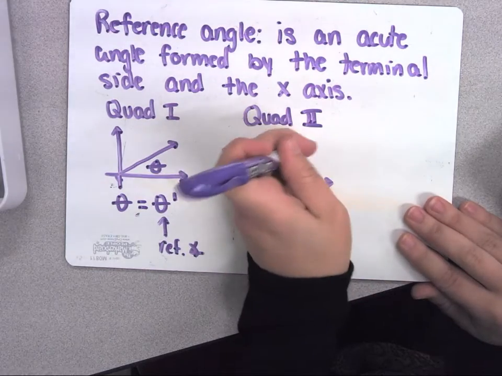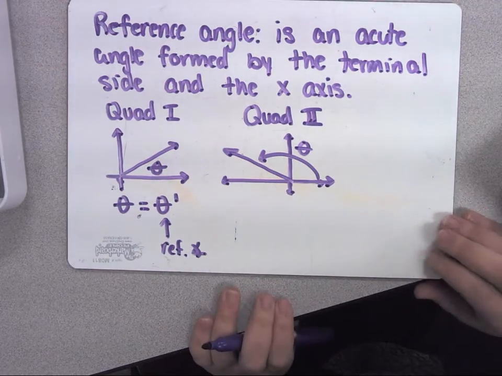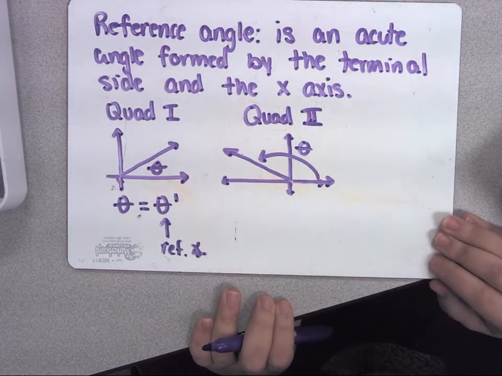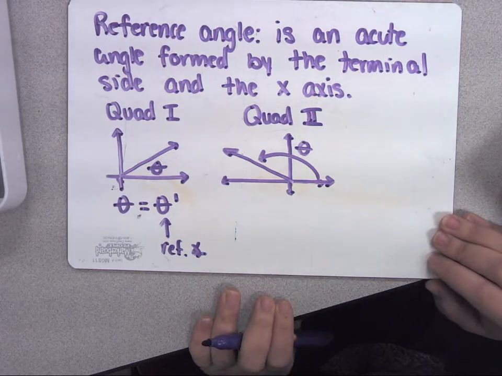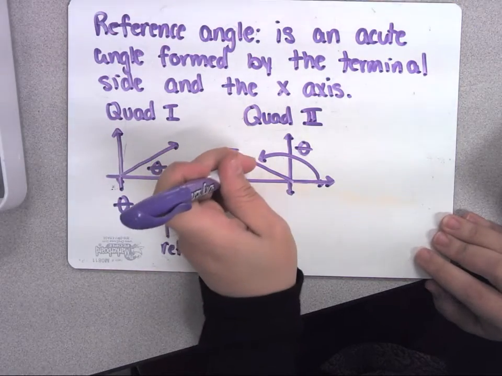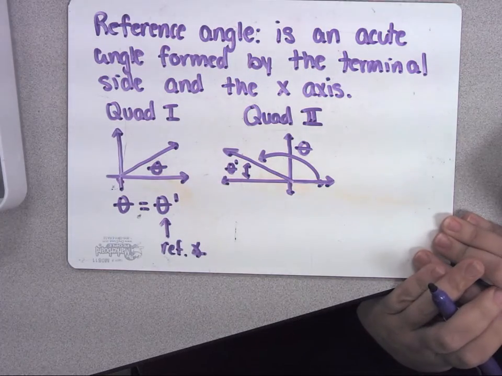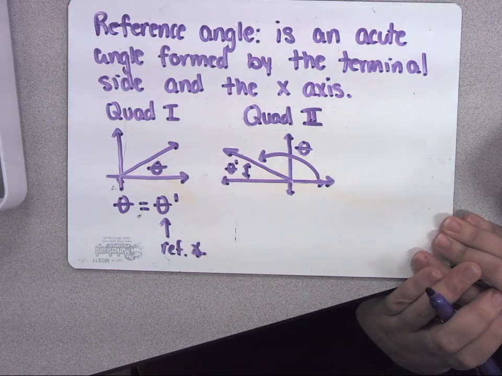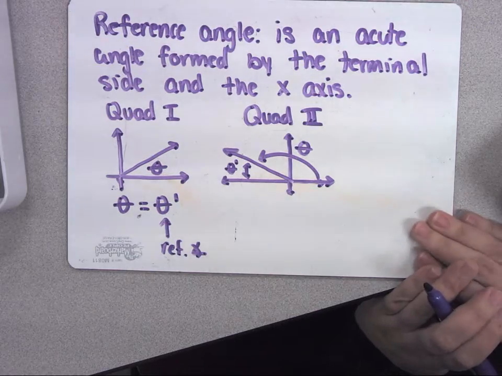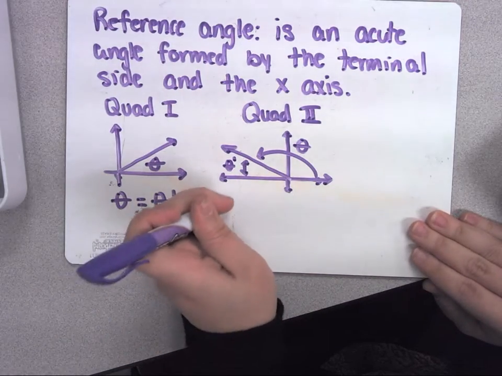So the original angle is that big guy. We want to find the reference angle. The reference angle is the distance from the terminal side to the x-axis every single time. It's always acute. I'm going to show you degrees and radians.